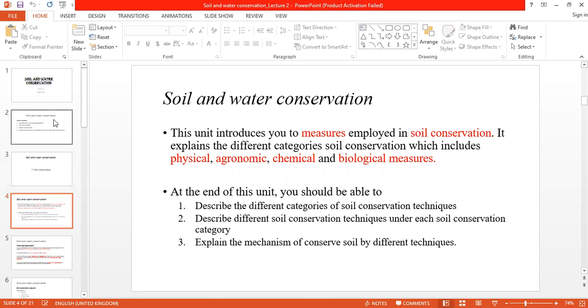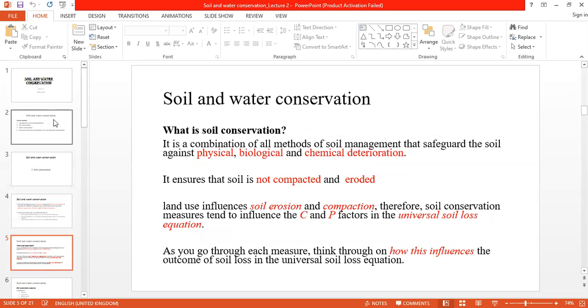But all of them are ensuring that soil is not degraded, meaning that they are conserving the soil. So at the end of this chapter, you need to understand and be able to describe the different techniques that are used and the different categories, then the different techniques under each category, and as well just explain the mechanism with which this practice or this measure is able to conserve soils.